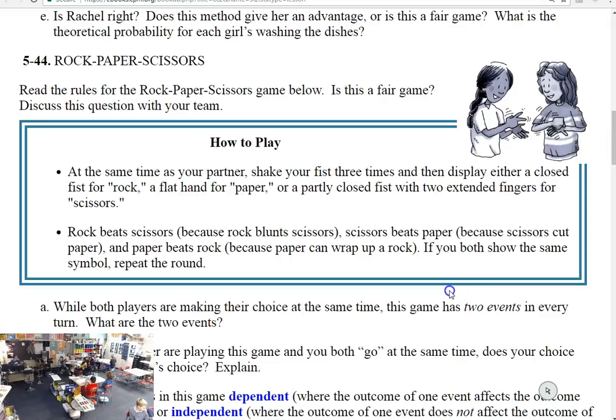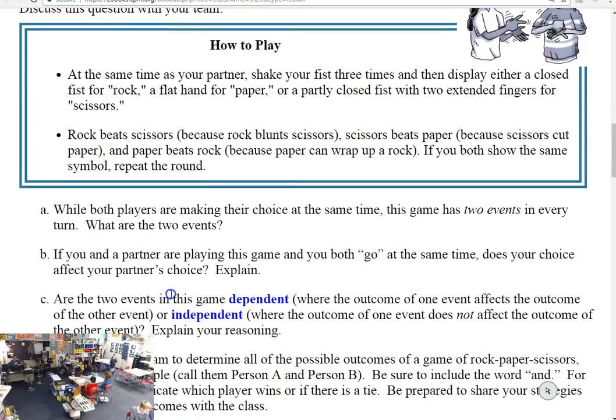We don't know that you know how to play rock, paper, scissors. You could have gone to a school where they didn't use it, I don't know. Solving problems. Paper covers rock.